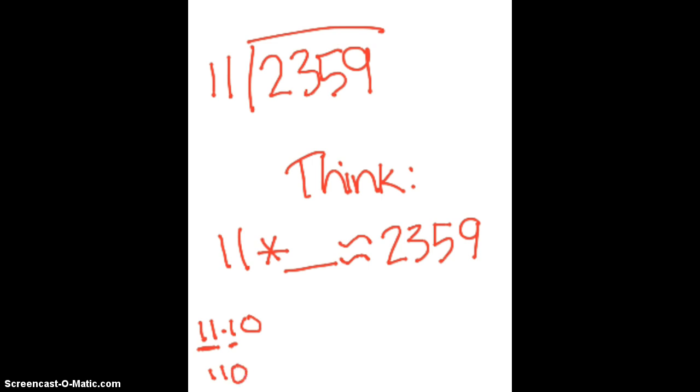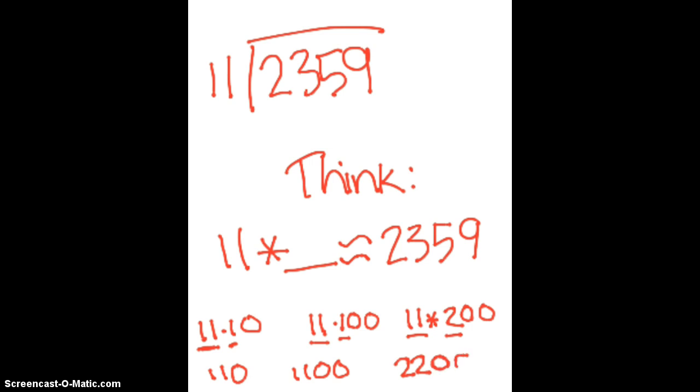Ooh, that's pretty far away. So maybe I'll think 11 times 100. So 11 times 1 is 11 with two zeros. Okay, getting in the neighborhood, but still seems like maybe I could do a little better. So I think 11 times 200. 11 times 2 is 22 with two zeros.